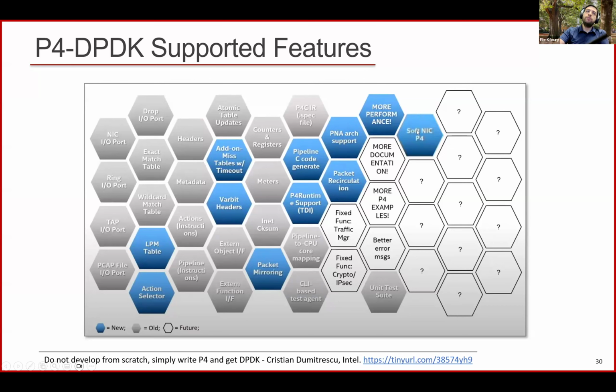And also, this is new, there's support for software-based NICs. So in order to use P4-DPDK, you don't really have to have that NVIDIA NIC or Intel NIC, a physical NIC with you. It's possible to use a virtual interface, a software NIC in the kernel, just to be able to learn. I mean, it's not going to give you high performance. We're going to see later on in the lab that it's not the best way to do it if you want to deploy it in a production network, but this is just for teaching.